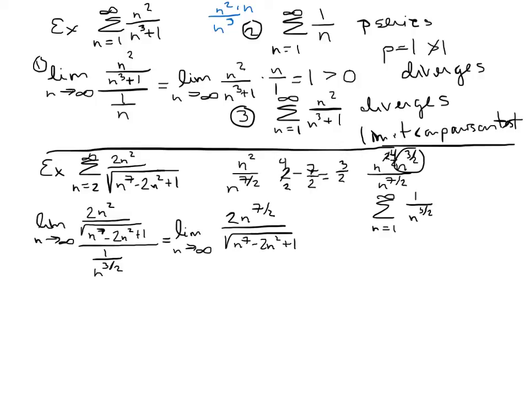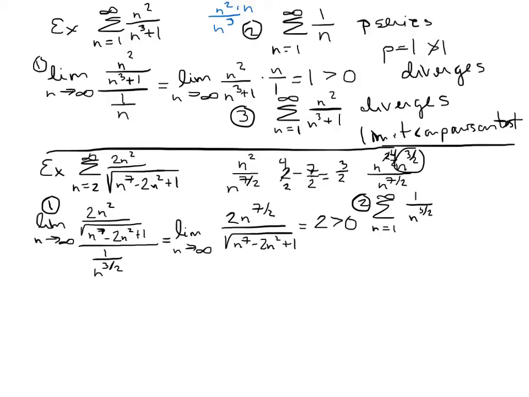And now I have like powers. My biggest power on the top is n to the 7/2, and there's a 2 in front of that, and my biggest power in the denominator is 7/2, and out in front of that is a 1. So my limit is 2. 2 is greater than 0. There's the first step.